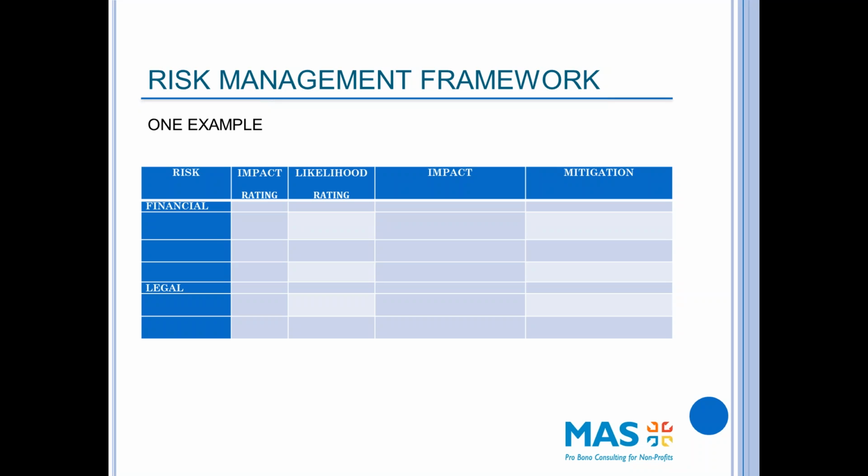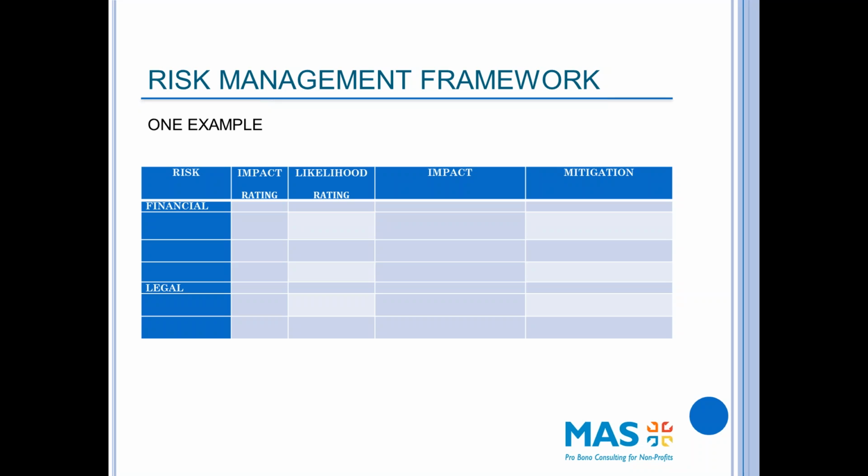That records the decisions you've made about how you mitigate the risk. It gives management and the board a way of looking at risk in a systematic, holistic way, rather than dealing with things piecemeal.